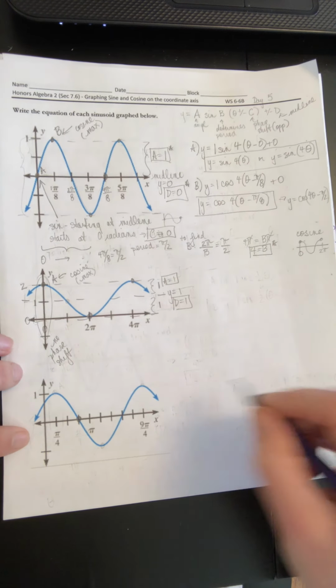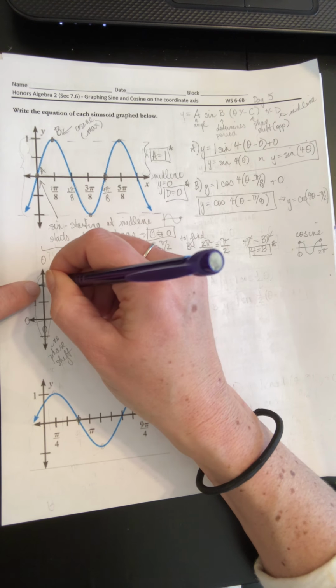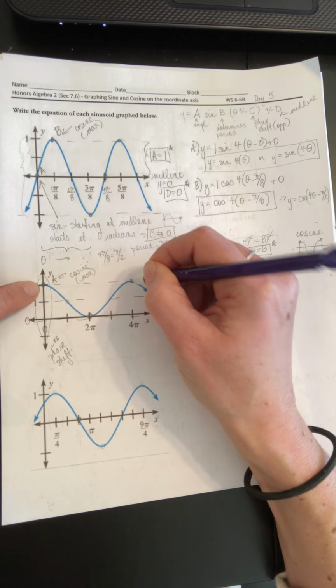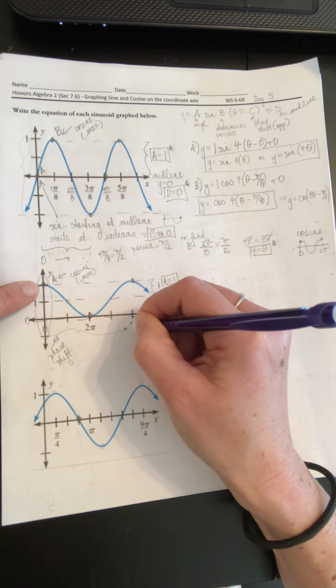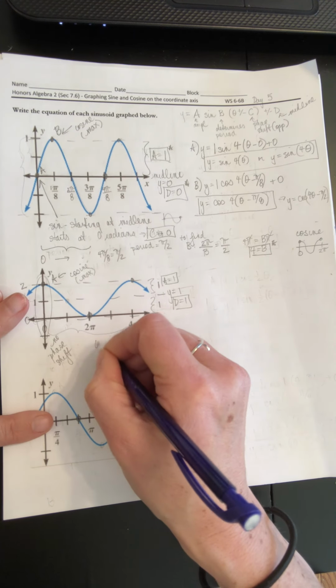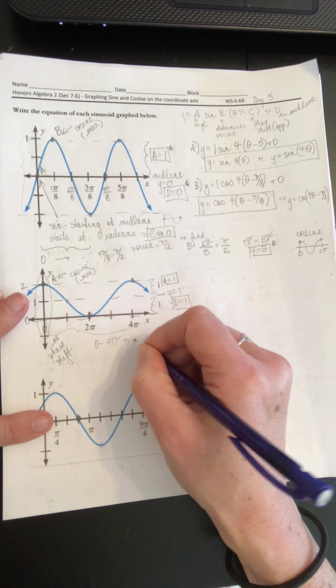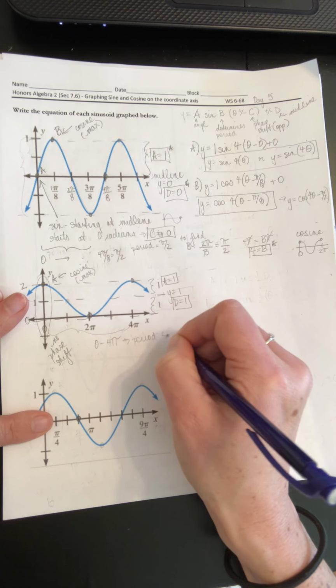Then I take a look at my period. Well, if I start at a max here, I hit my valley, my low, minimum, and I come back, that is a full cosine curve. So that happens from 0 to 4 pi, doesn't it? So that means my period is 4 pi.